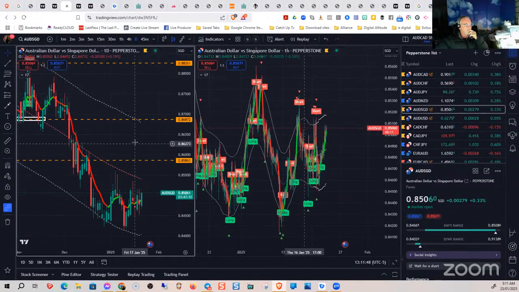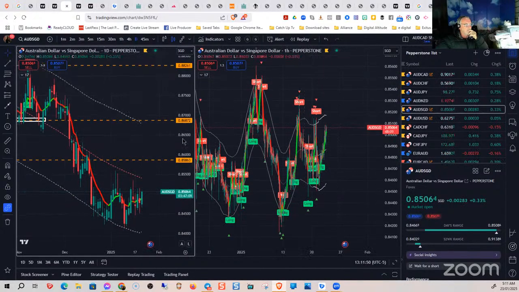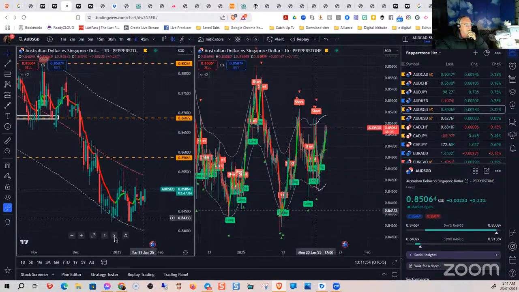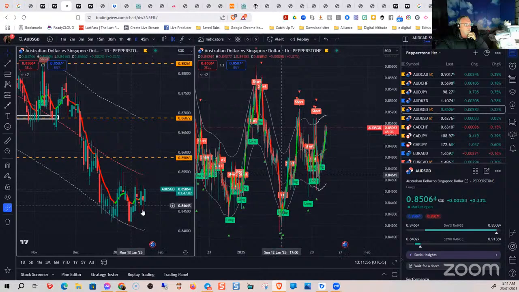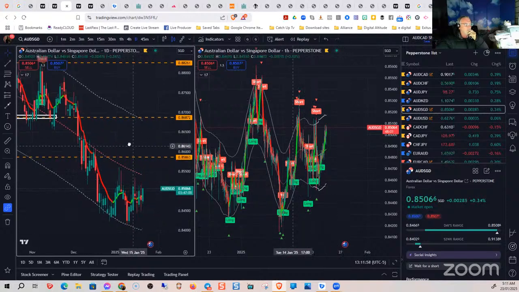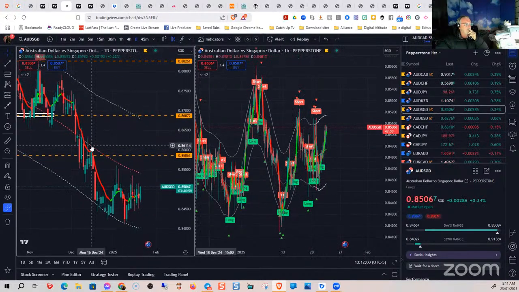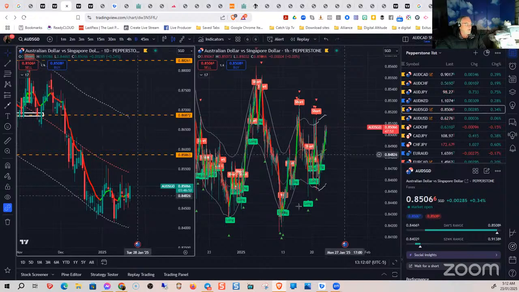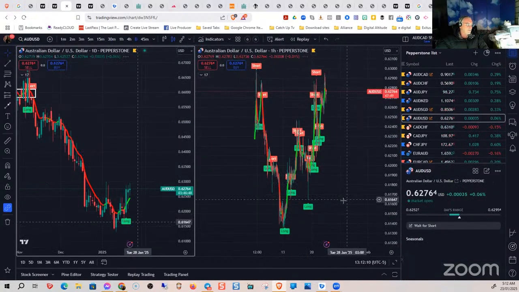Still not going to move on that one into the trade. No long, no short. What we really want is a long on here to be able to get into the trade. There is some imbalance further up, so we'll just see if the Aussie dollar is filling its stuff. AUD USD.